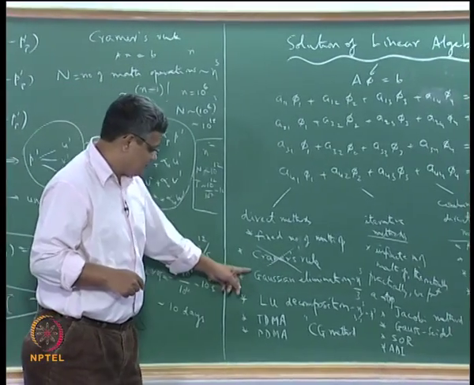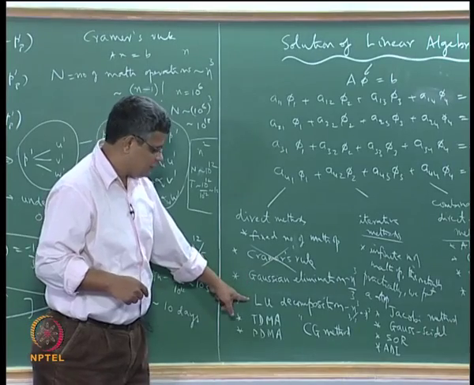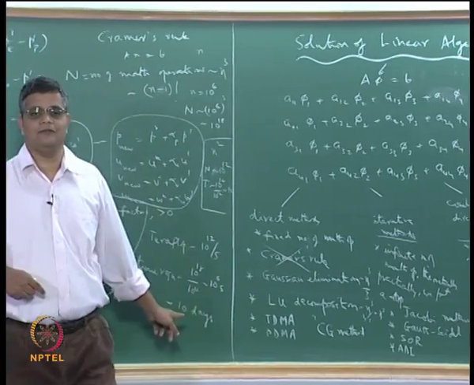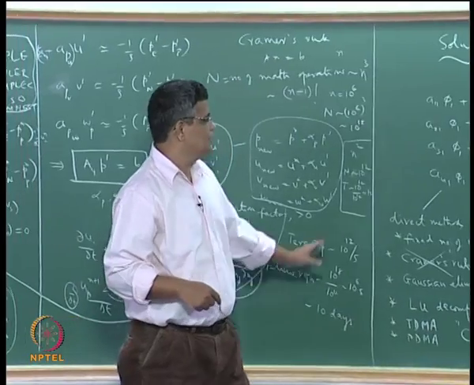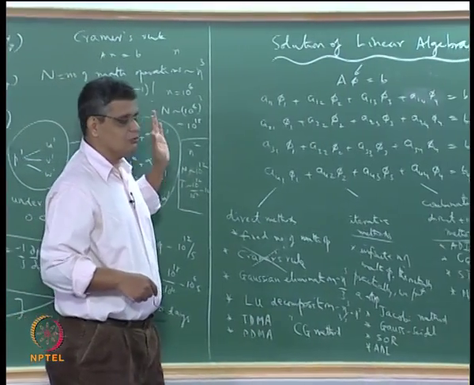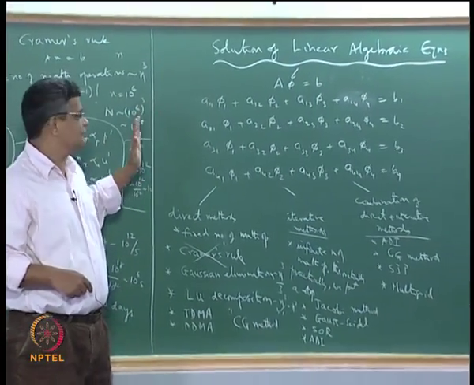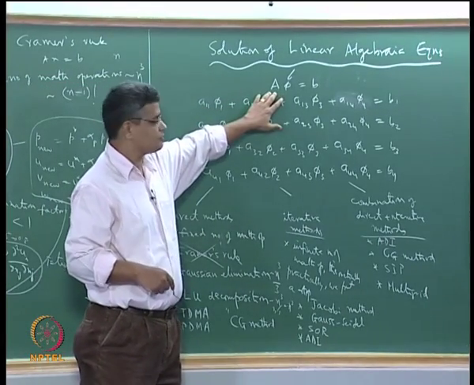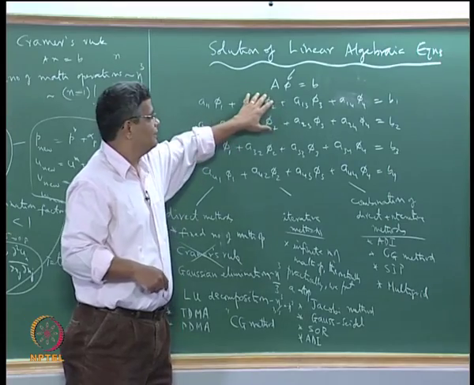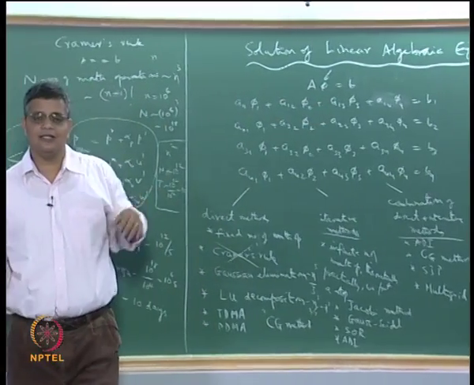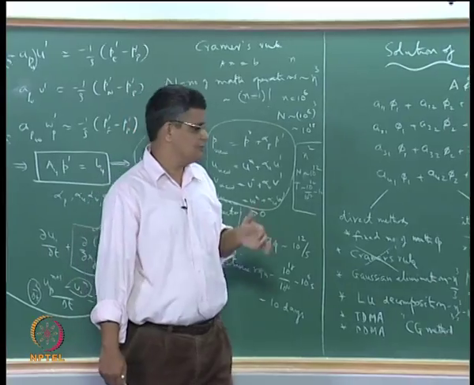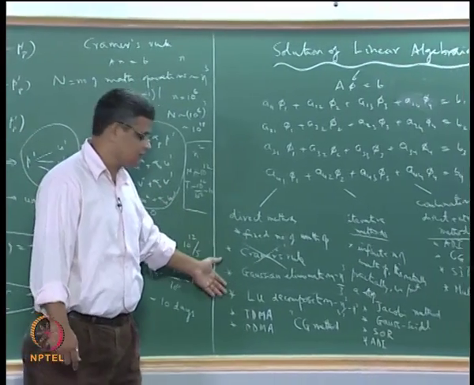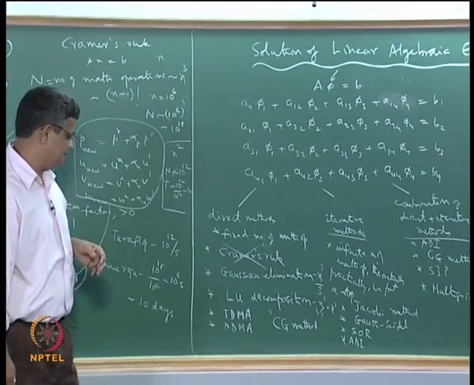Both these methods, the Gaussian elimination method and the LU decomposition method, have the merit that they can be used under the most general conditions. There are no conditions on what this A should be, except that the determinant is not 0. So in that sense these two methods can be applied for any matrix A.